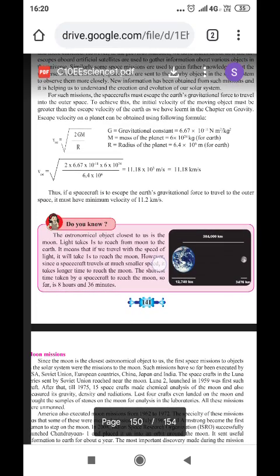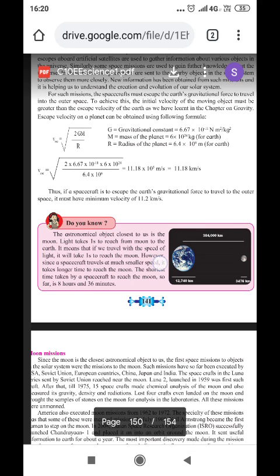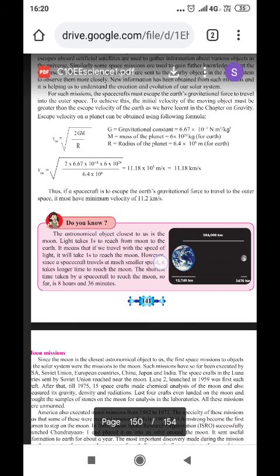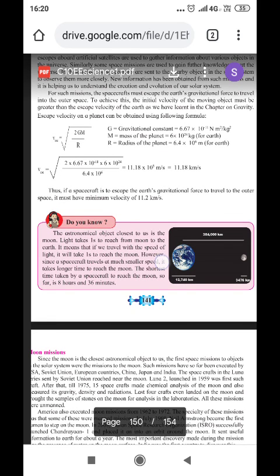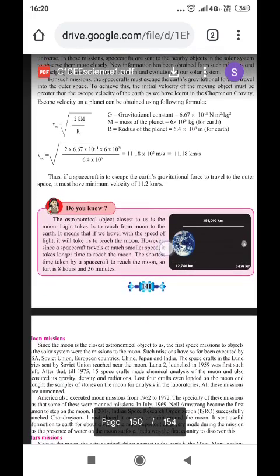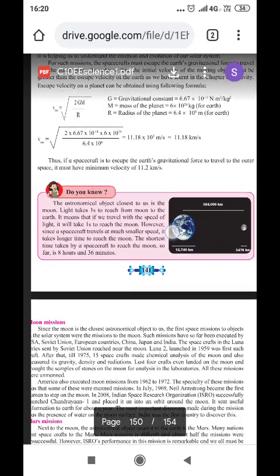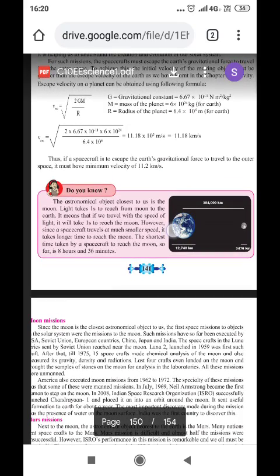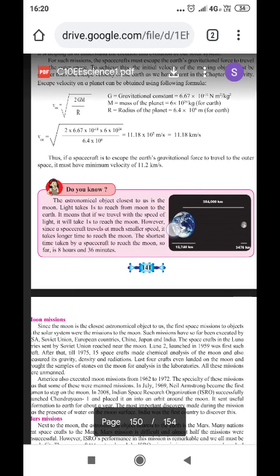To achieve this, the initial velocity of the moving object must be greater than the escape velocity of the Earth, as we have learned in the chapter on gravity. Escape velocity on a planet can be obtained by using the following formula. Escape velocity equals the square root of 2GM upon R, where G is the gravitational constant, 6.67 into 10 raised to minus 11 newton meter square per kg square.